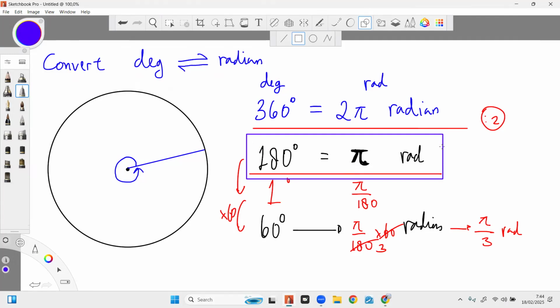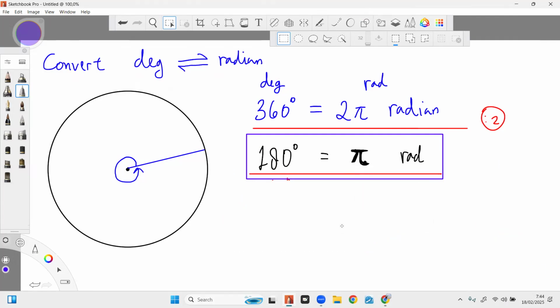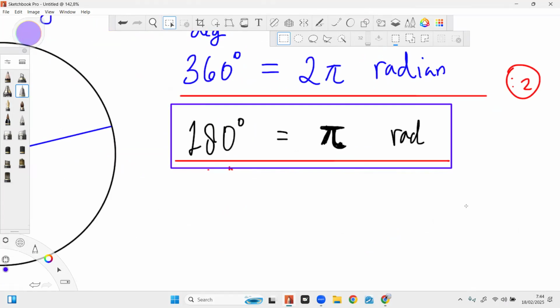Okay, converting degree to radian. I will give you some examples on conversion. Let's see how it works. So you just memorize 180 degrees, 1 pi radian. That's all. And the others will follow the rational rule. Again, how about if I have 120 degree, guys. Again, go to 1.